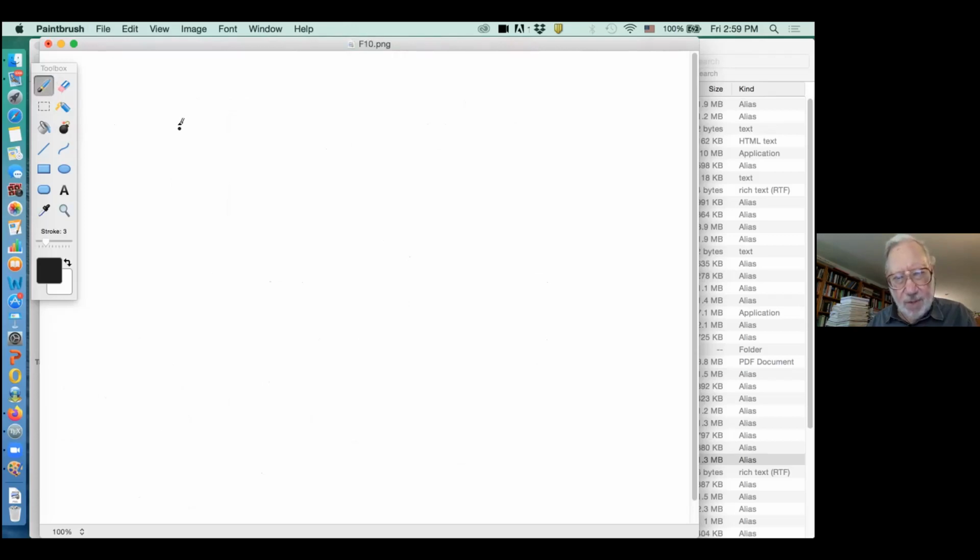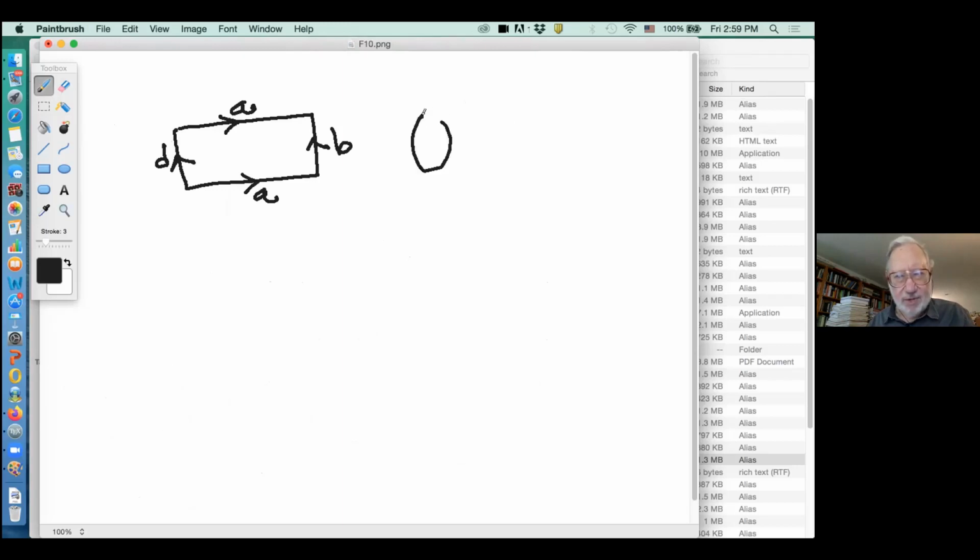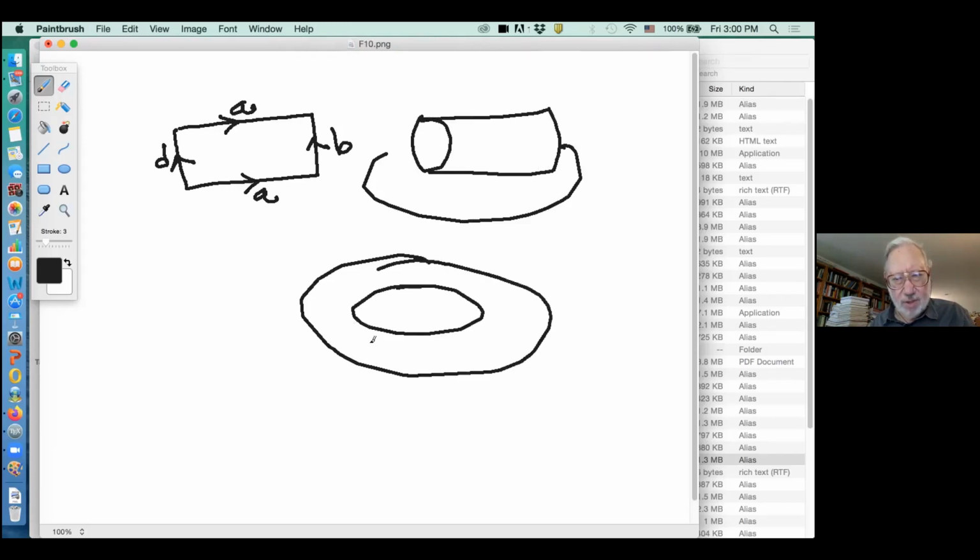For example, a torus surface is obtained by taking somebody like this and attaching the upper edge to the lower edge and the right edge to the left edge. And of course, the edges vanish, but what happens when you attach? When you attach, you get a cylinder. And then when you attach here, you get a torus.